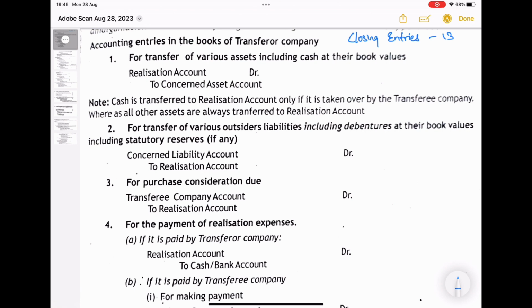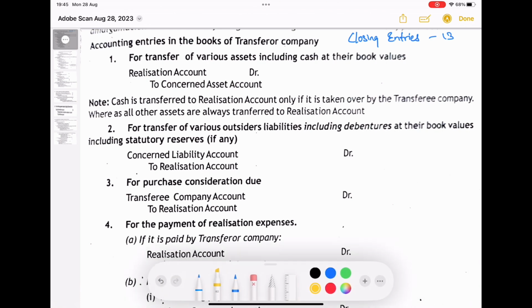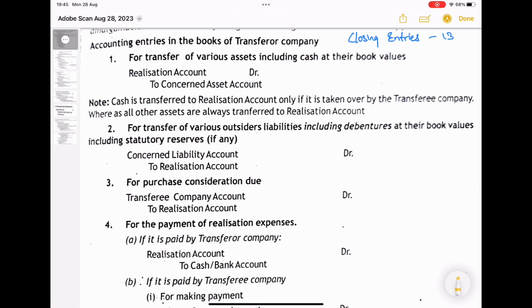So the first entry is for transfer of various assets including cash at their book value. Here we are going to transfer the assets from one company to another company. So the entry will be realization account debit to concerned asset account. Here concerned asset account means to plant and machinery, to building, to equipments, like this.